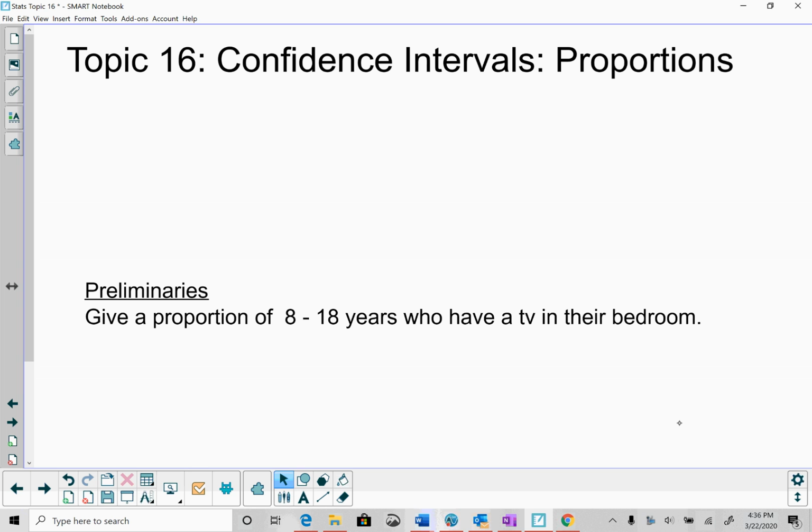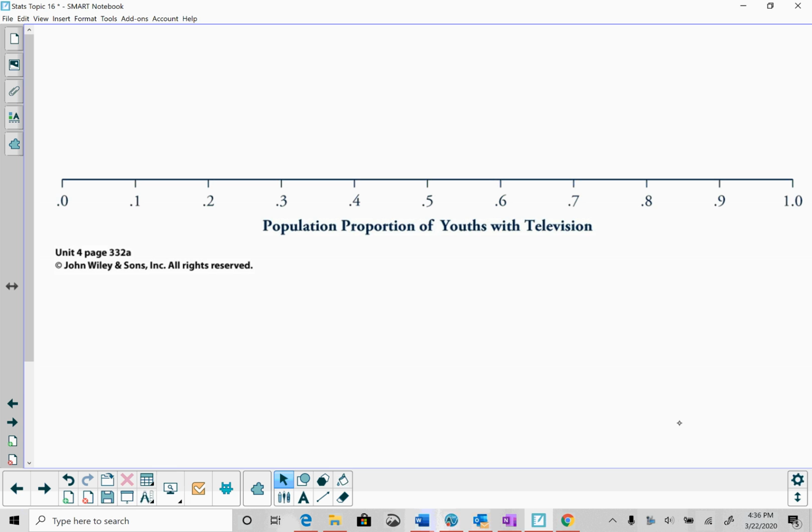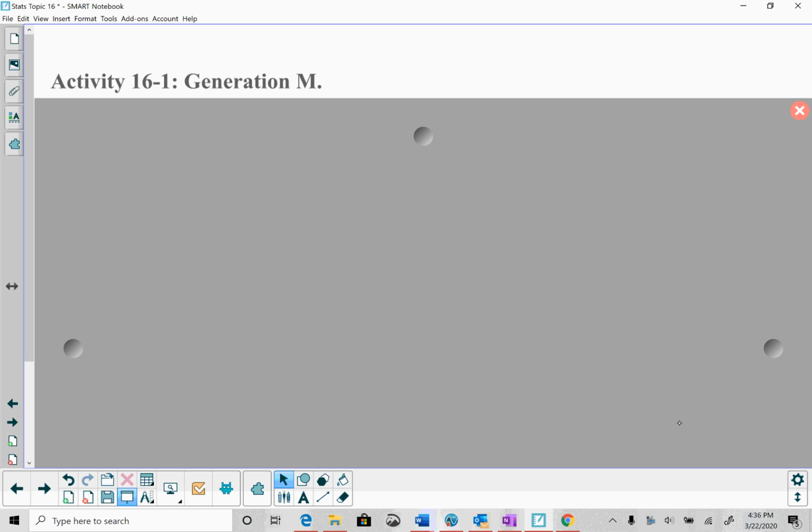Okay, so with 16, we're going to deal with proportions first of all, and unfortunately, we're going to skip the preliminaries this time. If you're trying to follow along with your textbook, I'm on page 332. We had talked about this, I think it probably was first quarter.